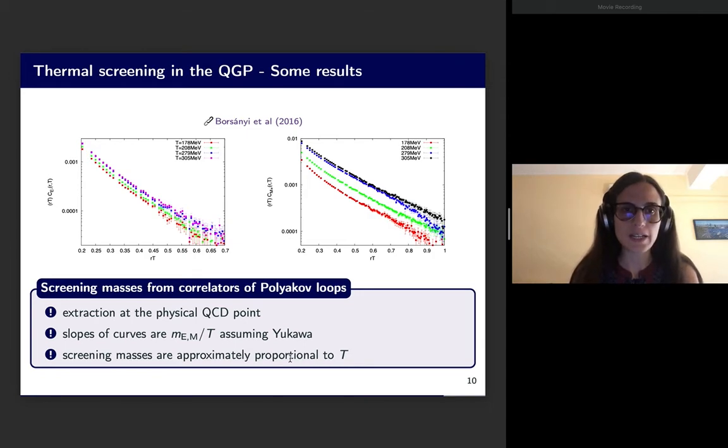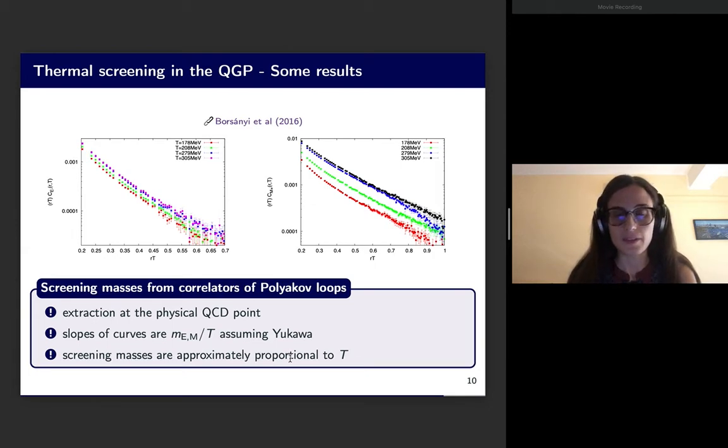Studies of this kind were performed on the lattice, and on this second to last slide, I'm showing some results which are specific for screening masses as they can be extracted from correlators of Polyakov loops, which is the last part of our discussion.